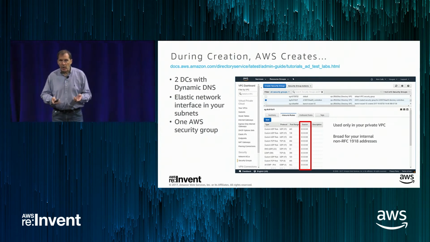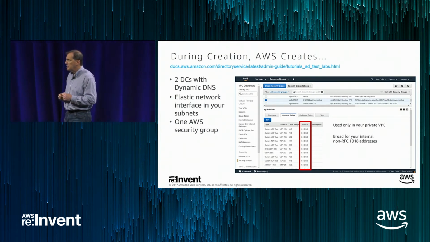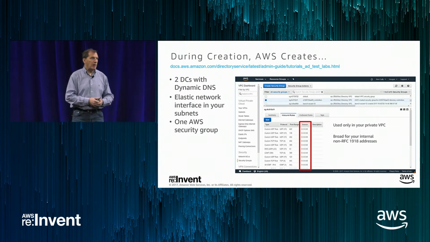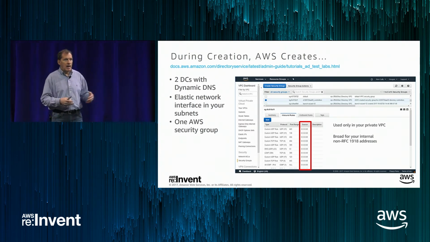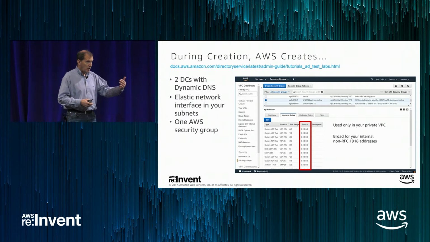Now, these are broad because we have many customers that have a non-RFC 1918 address, so they're using public addresses in their corporate network. So they may be companies that have been around for a while and they had a public IP address space that they had for their large corporate network, and they're still using those, and they need to be able to route traffic to those, so we had to have a default address of that.